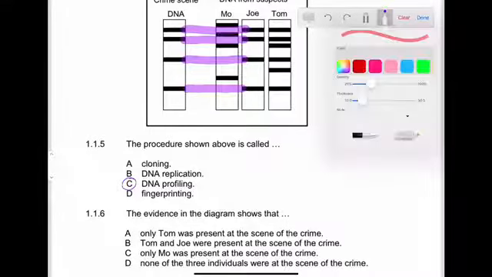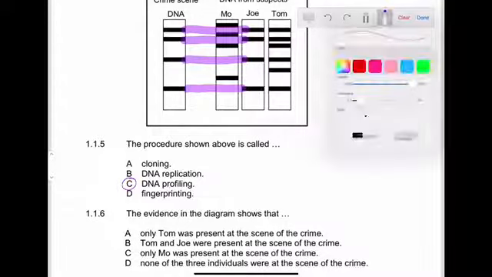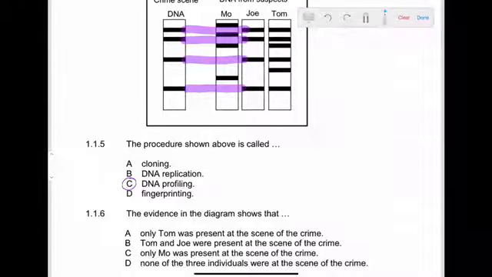So Joe is the one who was present at the scene of the crime. However, if you look further to the right, you will see that those bars also correspond with Tom. So both Joe and Tom were present at the scene of the crime.